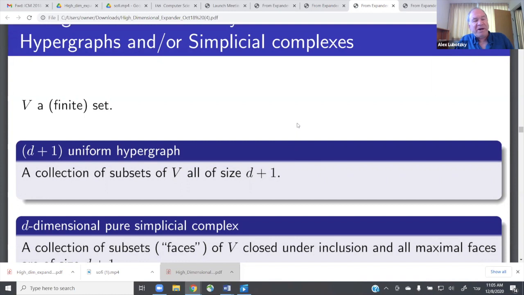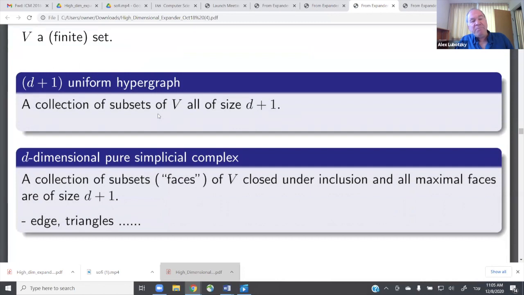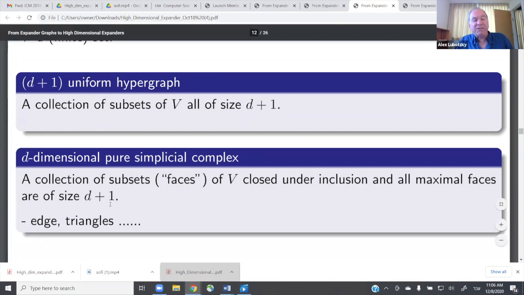So let me just define. If V is a finite set, a D plus 1 uniform hypergraph is a collection of subsets of V, all of them of size D plus 1. And a D-dimensional pure simplicial complex is a collection of subsets, faces of V, which is closed under inclusion, and all the maximal ones are of size D plus 1.